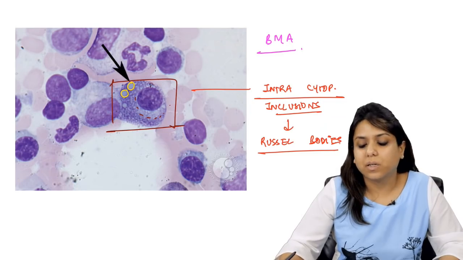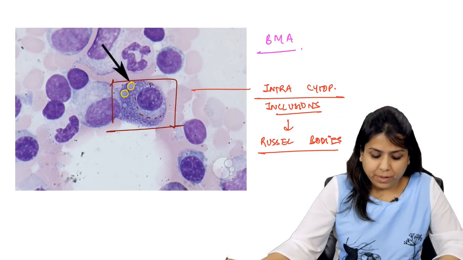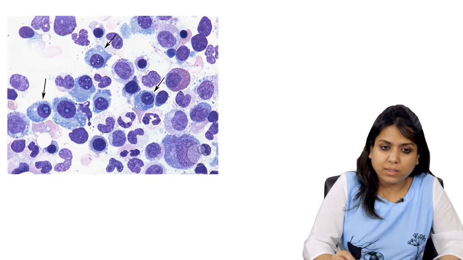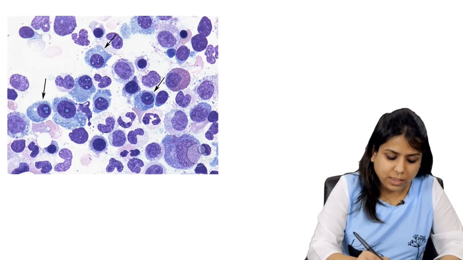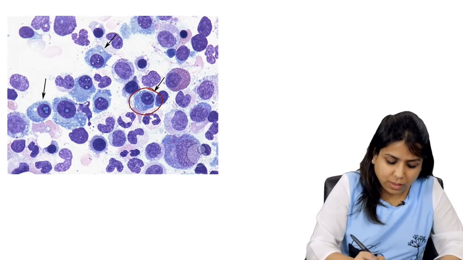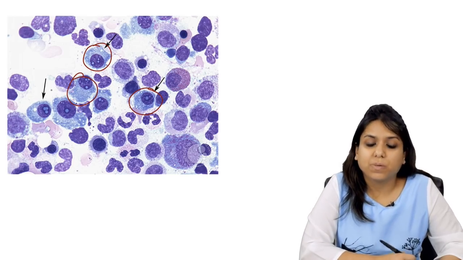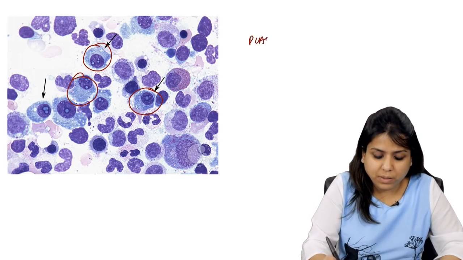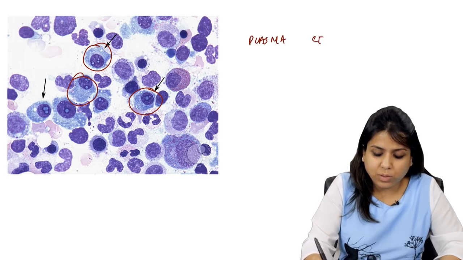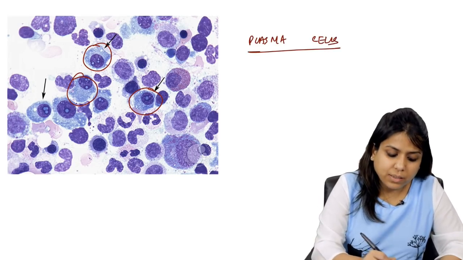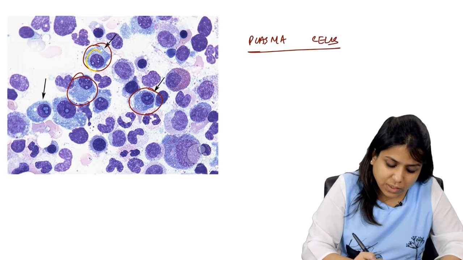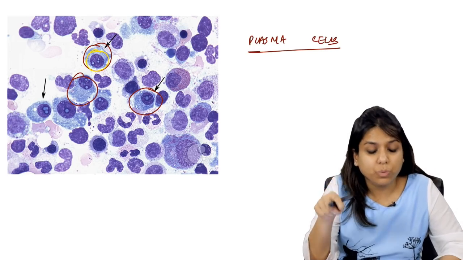These are Russell bodies. Similarly, students, in this slide, all these cells which are there are plasma cells, because of the reasons which I have already told you. And in this slide, these plasma cells have got inclusions in the nucleus.